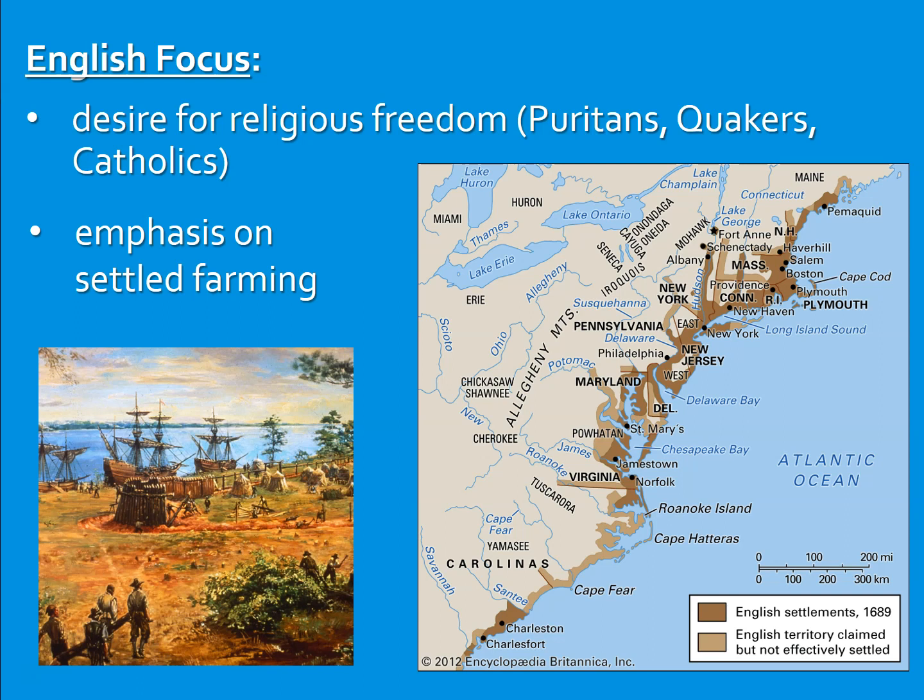You want to go to the New World where you can practice your faith unimpeded, basically. And then you've got the Quakers, another Protestant sect that was a minority in England, and many of the Quakers felt that the New World posed an opportunity to expand and practice their faith in an uninterrupted manner. And then you also have English Catholics.